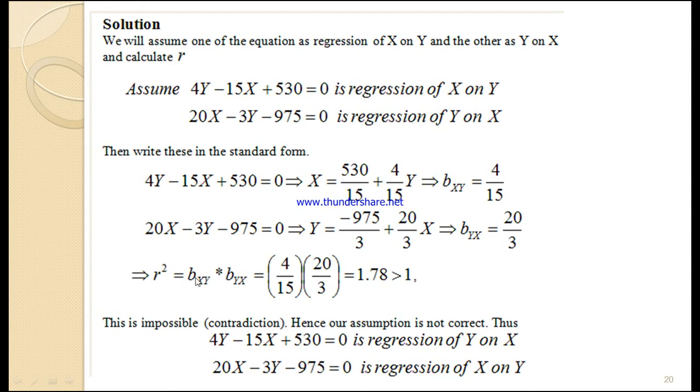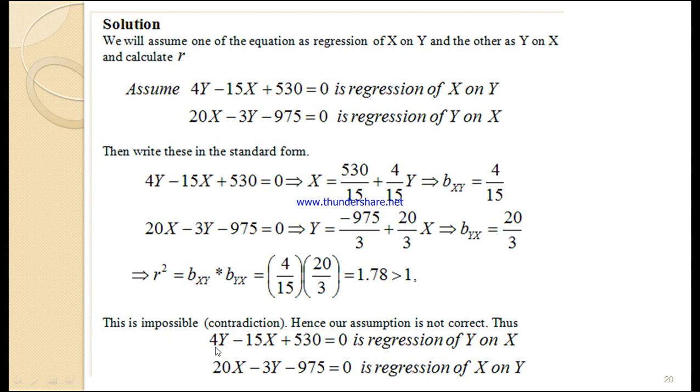Therefore, r square is calculated by b sub xy times b sub yx, which is 4 over 15 multiplied by 20 over 3. Finally we get 1.78, which is greater than 1. But this is impossible, a contradiction, because the correlation coefficient ranges between 0 and 1. Hence our assumption is not correct.